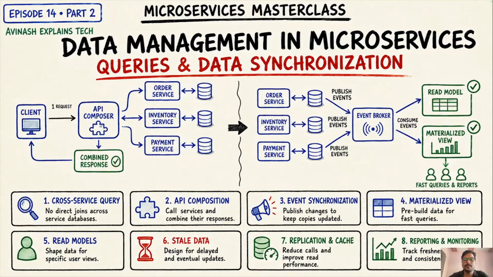The technology should be selected according to the query requirement. Notice something important: the materialized view is not the source of truth. If the view is deleted, we should be able to rebuild it from source data and stored events. The original microservice remains the owner of the business data.